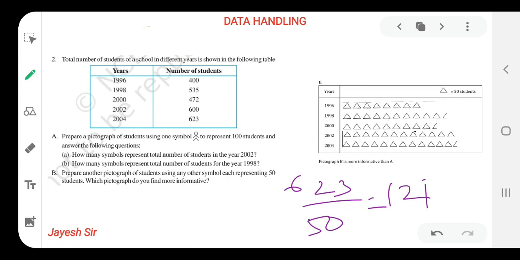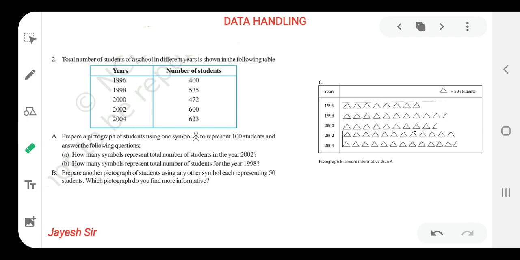That means 12 full and 1 half would be there. So let us count over here. 1 2 3 4 5 6 7 8 9 10 11 12 and 1 half. Yes, so our answer is also correct for 2004. That means the pictograph is completed for question number B also.